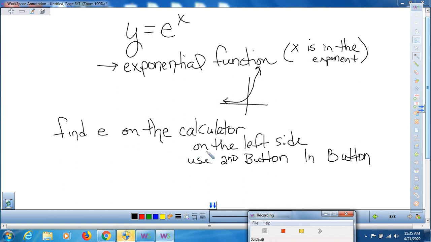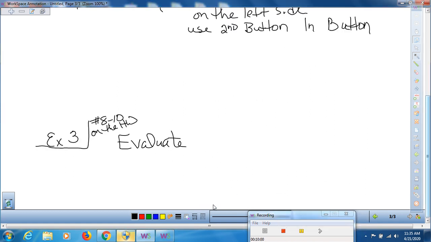It's on the left-hand side. It's on what we call the ln, or natural log button. You have to use the second button and then the natural log button. You'll see right above that there's a little, typically in blue, an E to the X. So let's try an example using this.